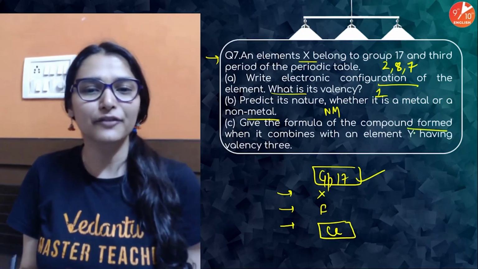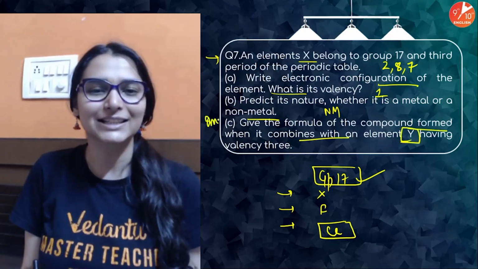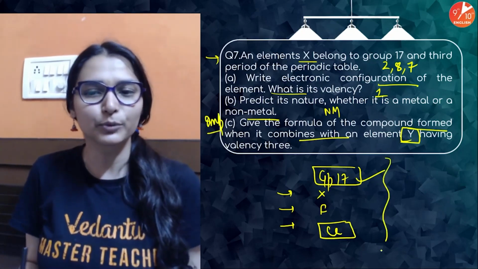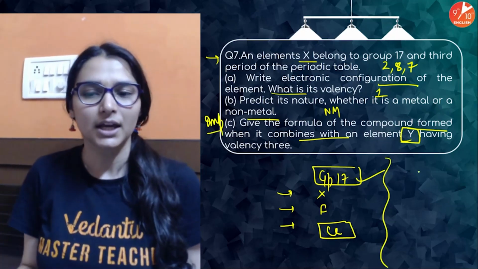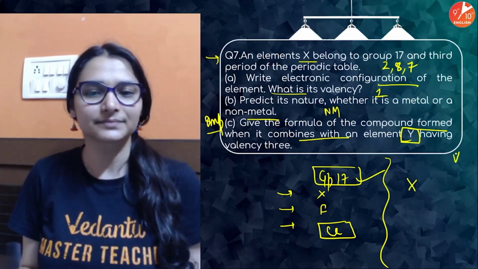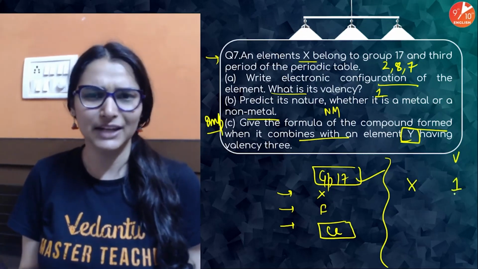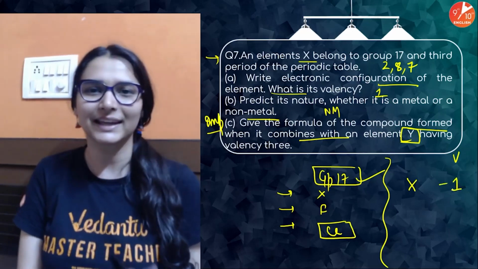Give the formula of the compound formed when it combines with an element Y having a valency of 3. So I have told you a lot of times, formula की बात आती है तो we need valency. Element X, उसका valency कितना है? 1. It will be a non-metal, so I can put negative because it's gonna make an ion, है ना.